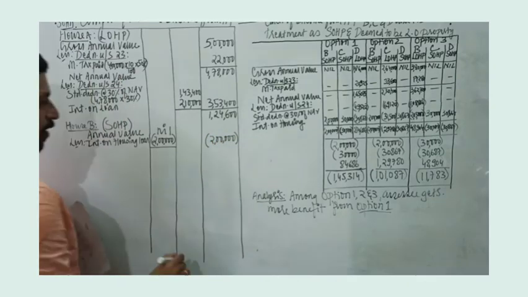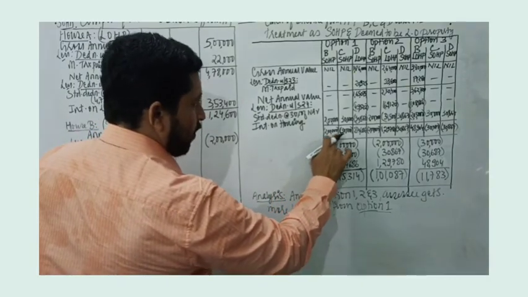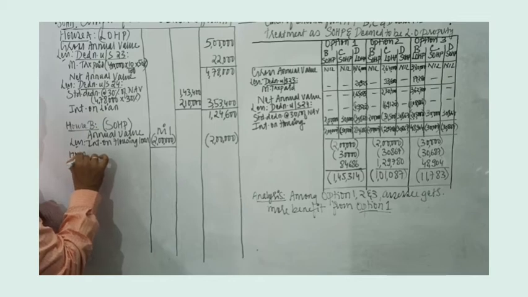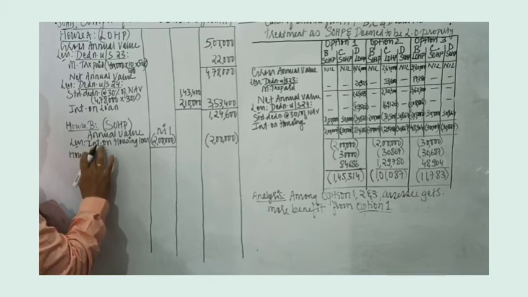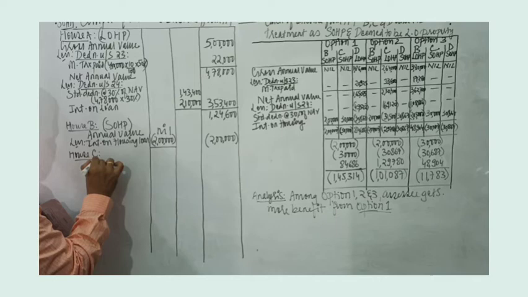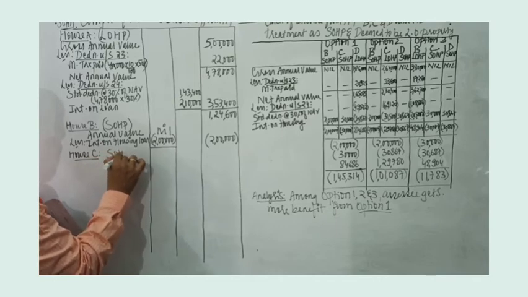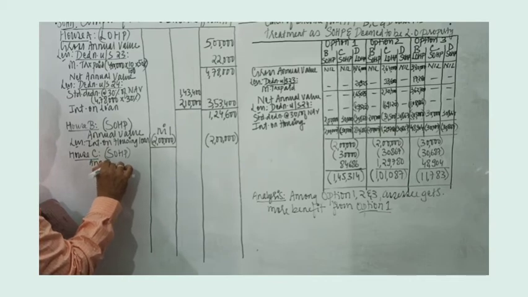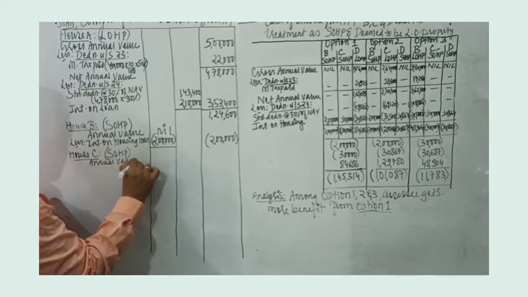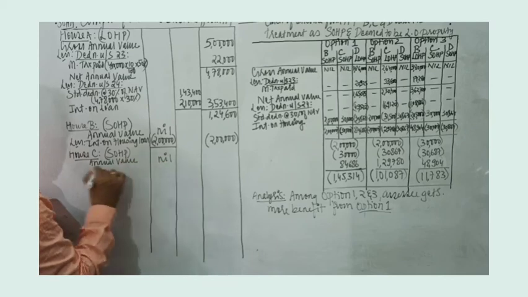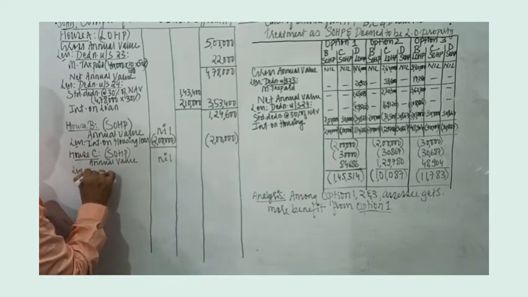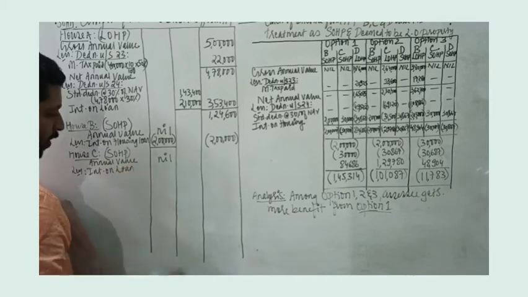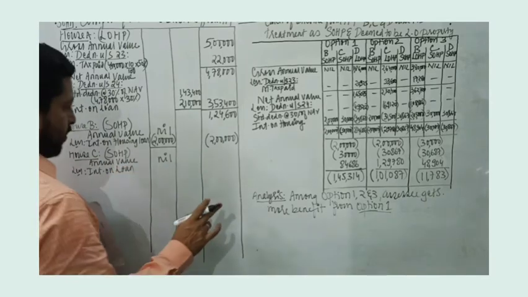Then house C will also be treated as self-occupied house property. Once again, the annual value of that house would be nil less interest on loan, and as far as house C is concerned, the loan is borrowed for repairs.